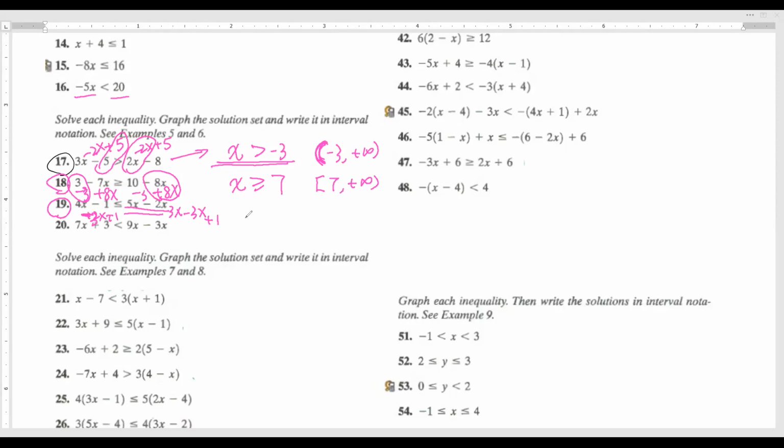Minus 3x here became x, right? So here became 0, and here became 0, and we say less than or equal to 1. That's it. So I remind you, here is negative infinity to positive 1. So here is the right bracket. The right bracket is including 1, right?